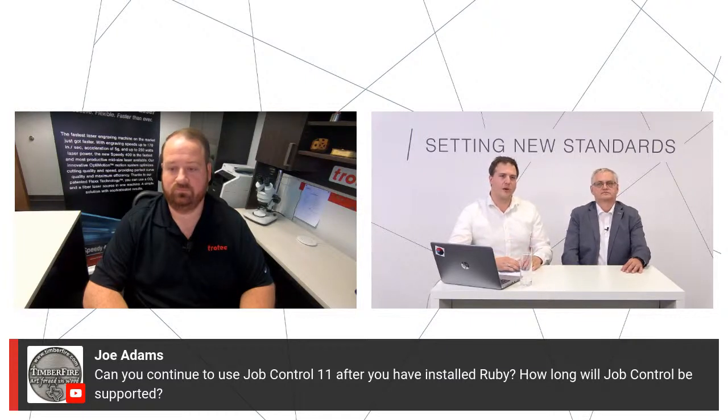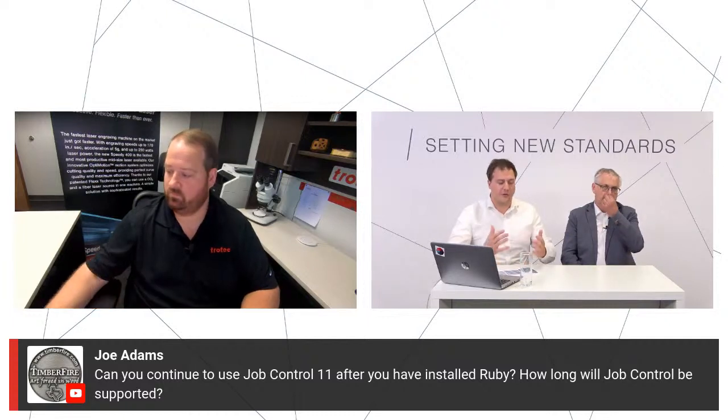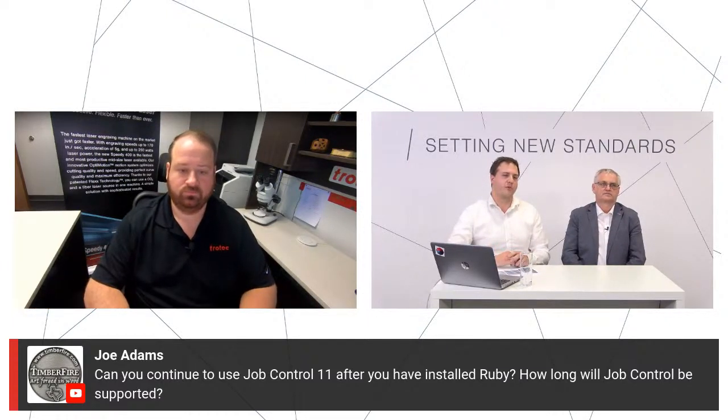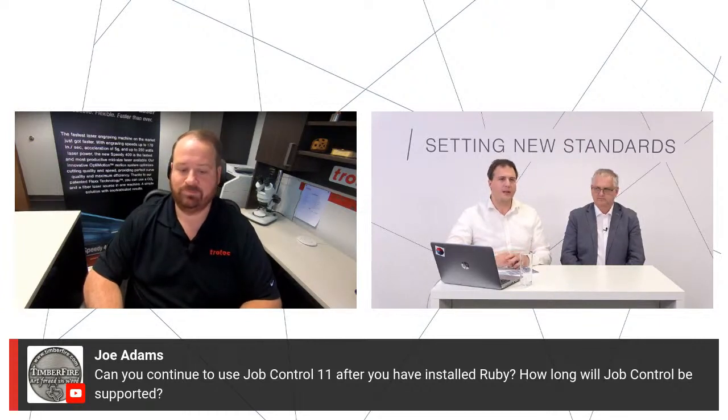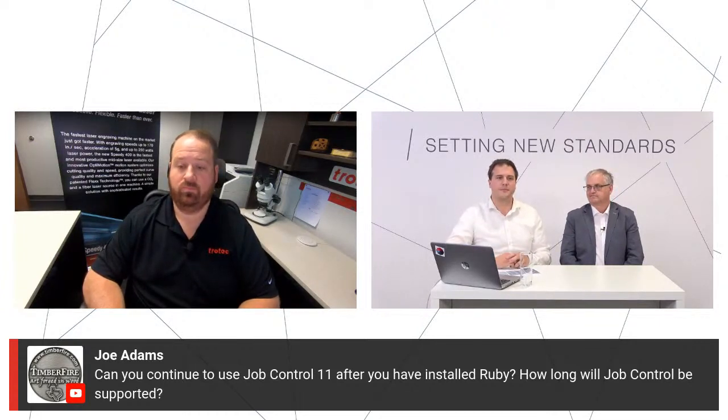So Ruby is our new technology base for the future that will enable us to do all of those things. So the big improvements will come on that. But of course, everybody who is running Job Control and prefers to stay with Job Control can still use it. Everything is functional and running.